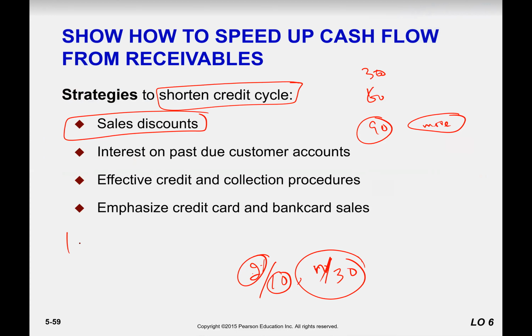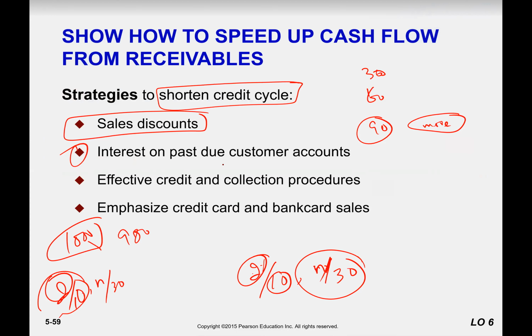So if your customer needs to pay you 1,000 and you give him the terms 2/10 net 30, it means you tell your customer, if you pay us in 10 days, we are going to give you a 2% discount. It means you need to pay us $980. Otherwise, this $1,000 you need to pay us in 30 days. So of course, the customer wants to avail this 2% discount, so he will pay you within these 10 days. Second, interest on past due customer accounts.